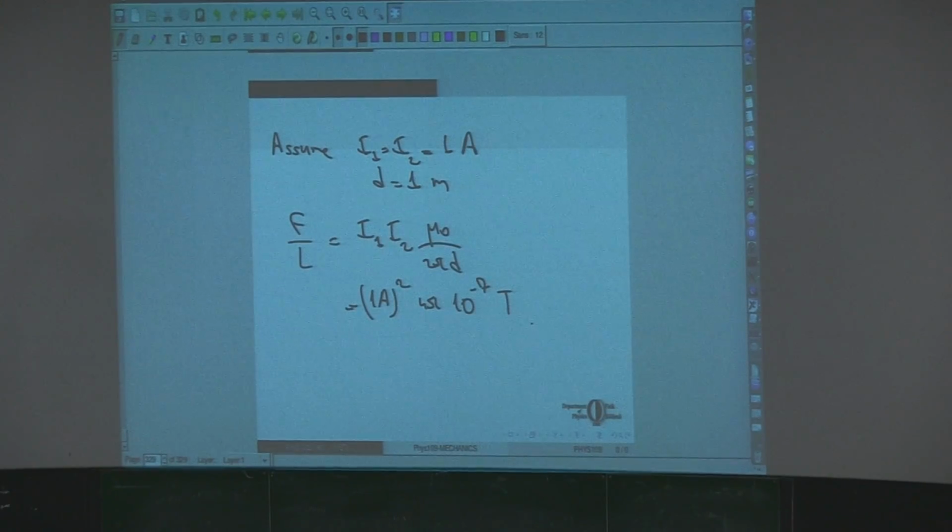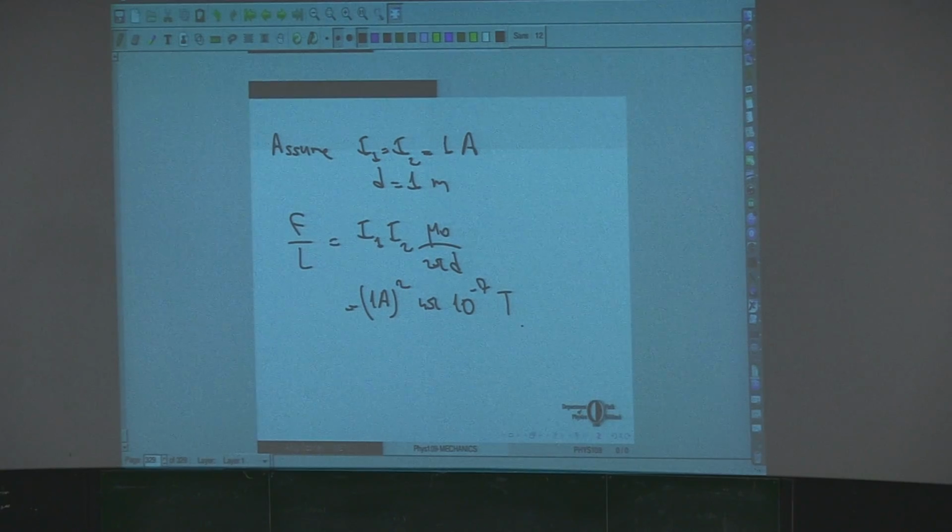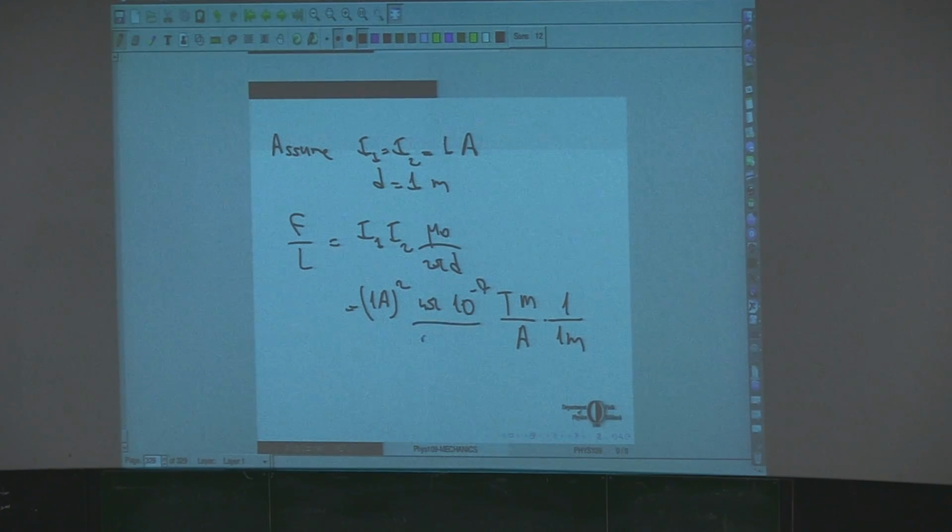Tesla, the unit, Tesla meters per ampere, times 1 over 1 meter, divided by 2 pi times 1 meter.